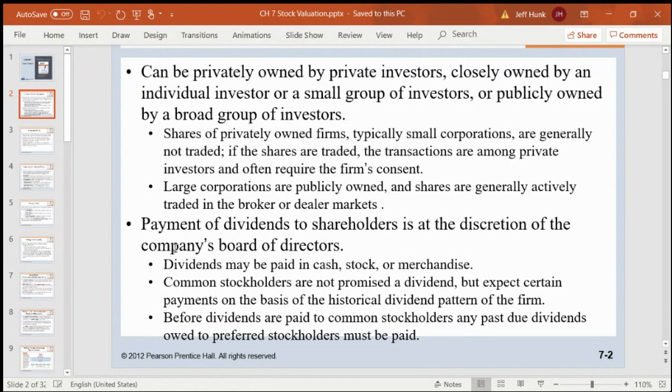So if you pay dividends in additional shares, what does that mean? 1% additional shares, because you're getting one additional share for each 100 shares you have, then there will be 1% more shares outstanding without any paid-in capital to support it, right?